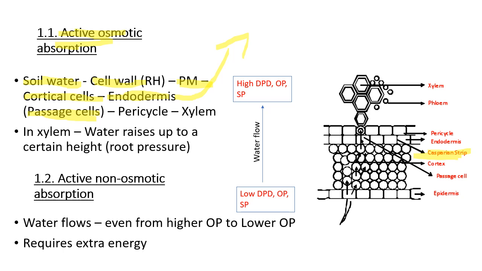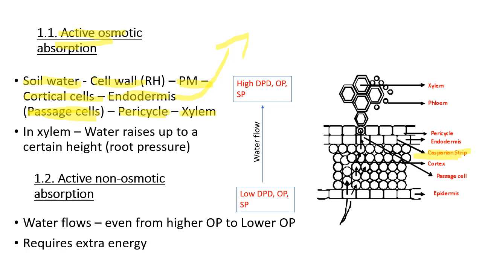So the movement of water from cortical cells to the endodermis requires specialized cells called passage cells. From the passage cells, the water now moves to the pericycle region, and from the pericycle, the water moves into the xylem.